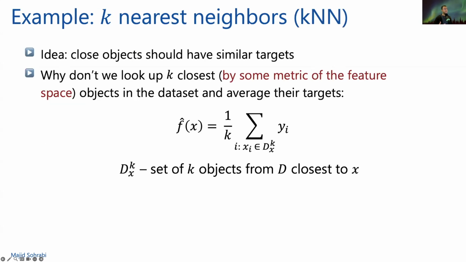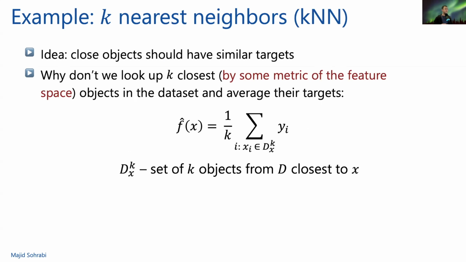Here is an example of a very intuitive and simple algorithm, which is k nearest neighbor, or in short, KNN. K defines the number of nearest neighbors which the algorithm is supposed to consider in the process. The idea of this algorithm is pretty simple.